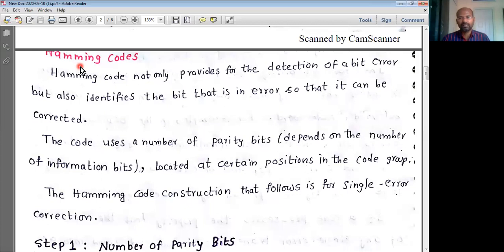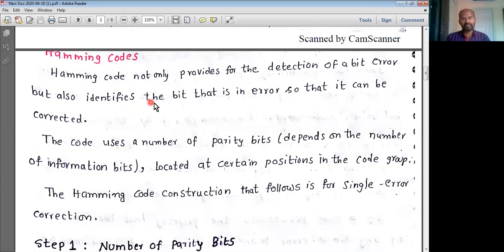That's how it may solve the problem. Whereas Hamming code, if there is a single bit error, doesn't ask for the bits to be resent. It corrects itself. It identifies in which bit the error happened and corrects that bit, provided there is an error in only a single bit.